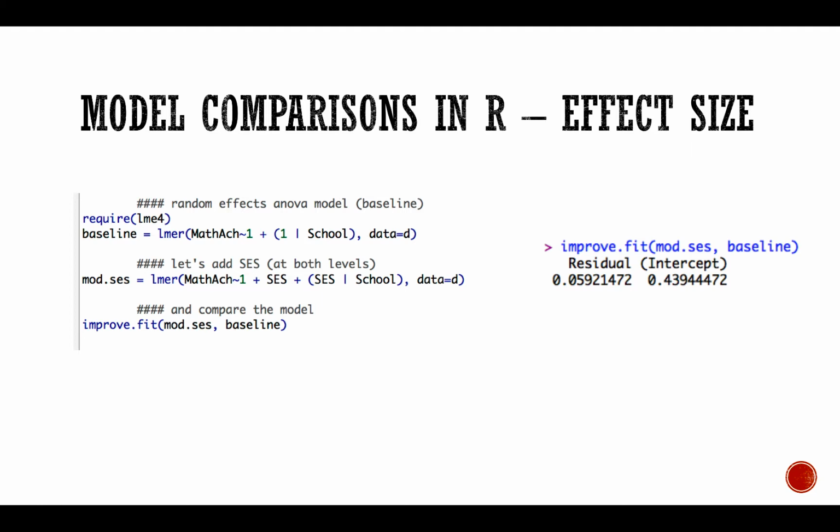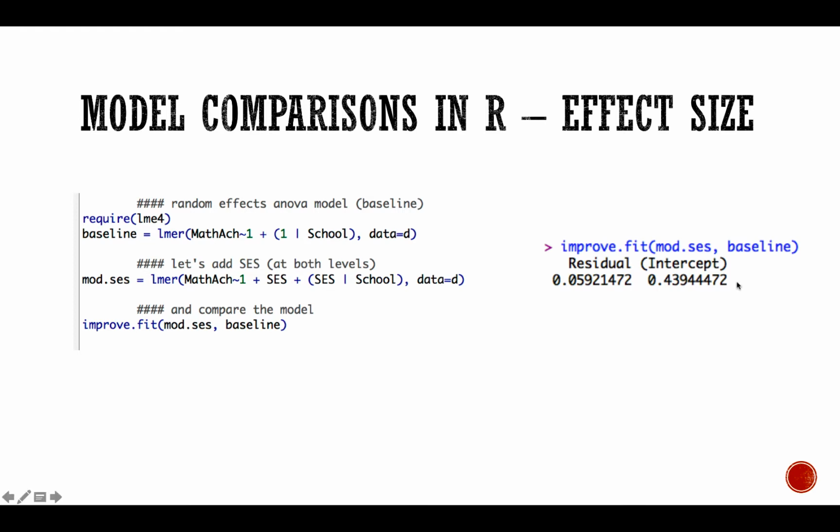mod.ses and baseline. And what it does, if you look on the right here, is tell you the change in R squared by adding whatever you added to the first model. In this case, this is SES at the fixed effect level and at the school effect level. And so what we see is that by adding socioeconomic status, we explain about 6% of the variance of the individual data points from their respective line.